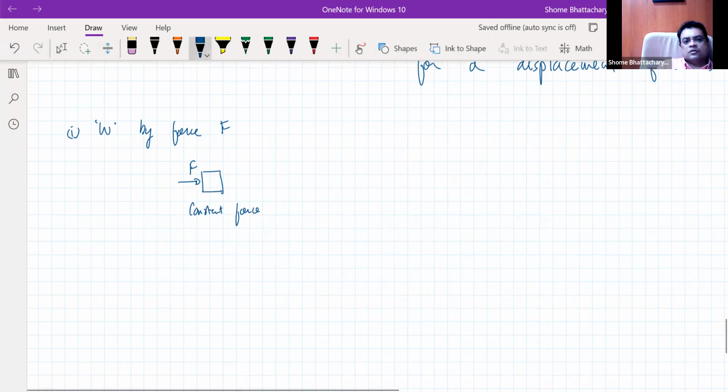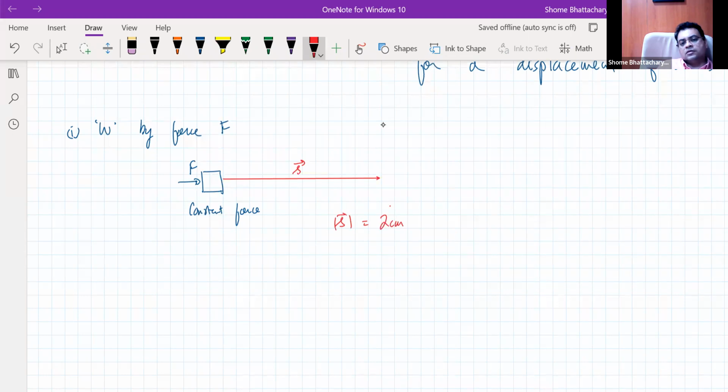And the displacement of the block is along the same direction as the force, if we are displacing it horizontally. The displacement's magnitude is 2 centimeters. The force's magnitude was 10 newtons. And the angle between them is 0. So work done by F will just become 0.2 joules. This was a simple part.